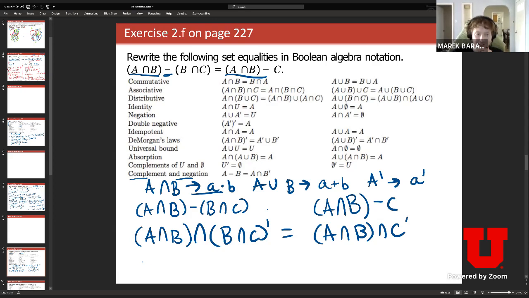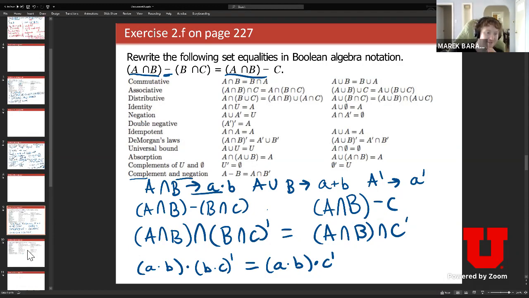So we're going to get A times B times B times C complement. And we're going to say that's equal to A times B times C complement. Is that good? This one should be easy, mostly as a lead into the next one.